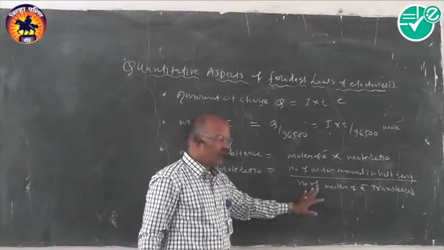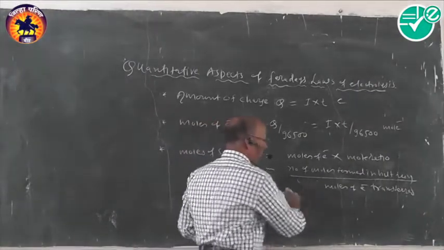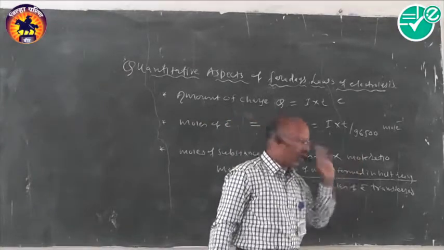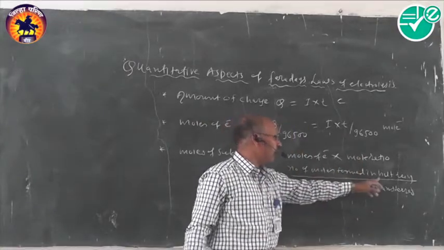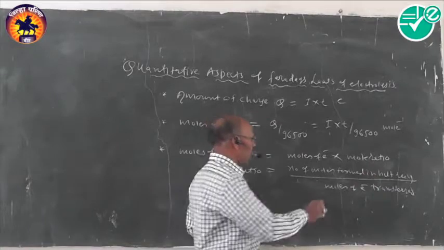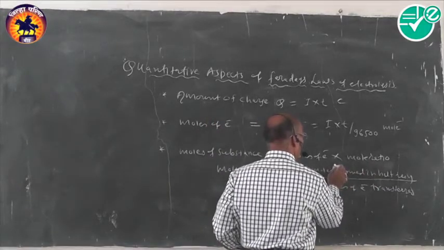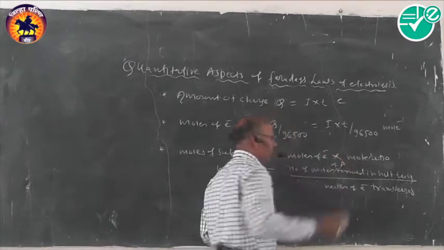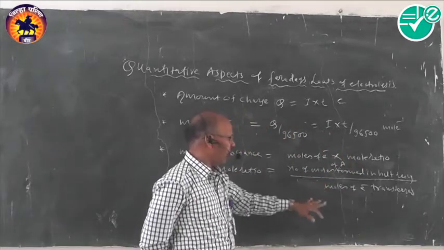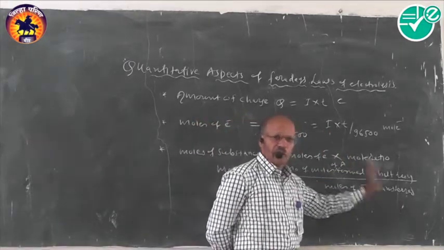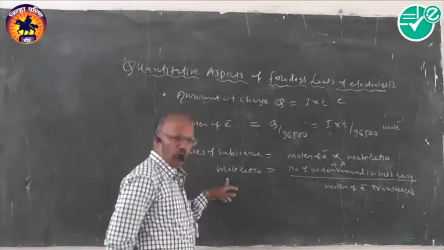So the number of moles of A formed in the half reaction divided by moles of electrons transferred in the same reaction is the mole ratio.